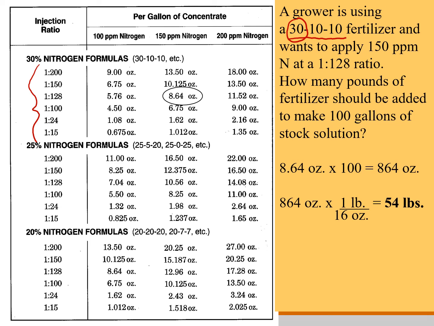The question tells you that we're going to be using a 1 to 128 dilution ratio, so that means our answer is going to be somewhere along this line. The question is telling you that we want to apply the nitrogen at 150 parts per million. So going across the top, these are our rates, and the rates for 150 parts per million, that's going to be right here. So we're going to be looking at this column of numbers.